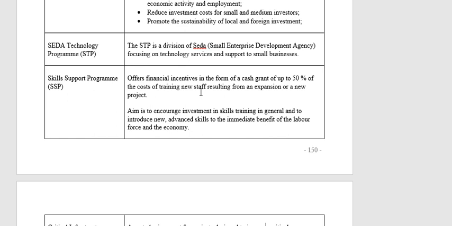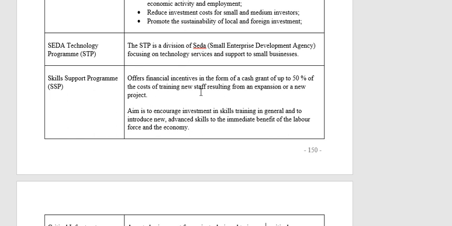So the government says, right, it's fine. We will cover up to 50% of the cost of that training. So you pay for the training of your new staff and you submit your proof, and then the government can refund you the cost of the training that you have paid already, up to a maximum of 50%.